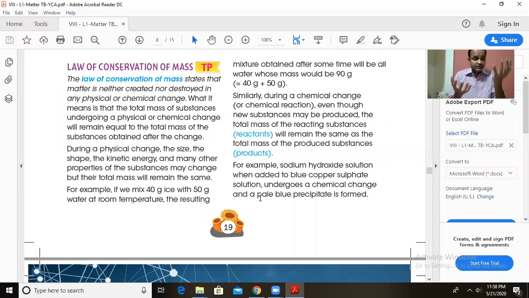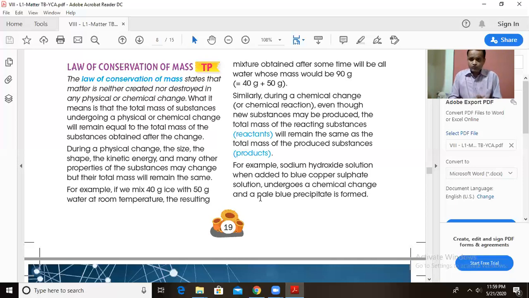Now if we measure the 40 grams of ice plus 50 grams of water totally, it will be 90 grams. So 40 plus 50 are the reactants, that is 90 grams, and the product formed, water, is also 90 grams.